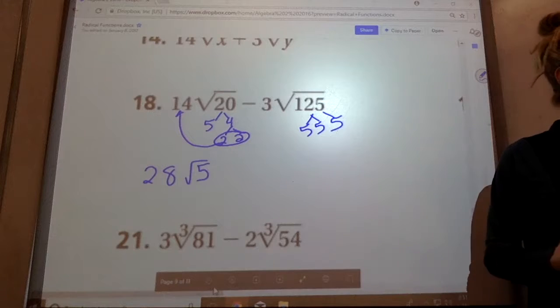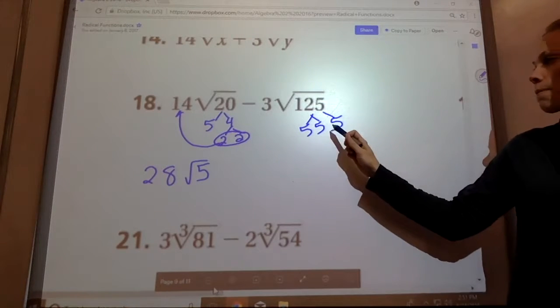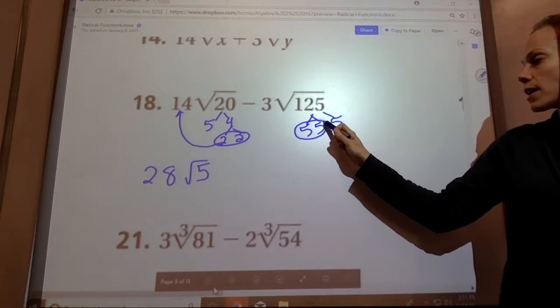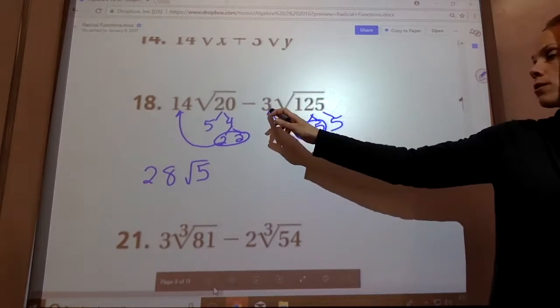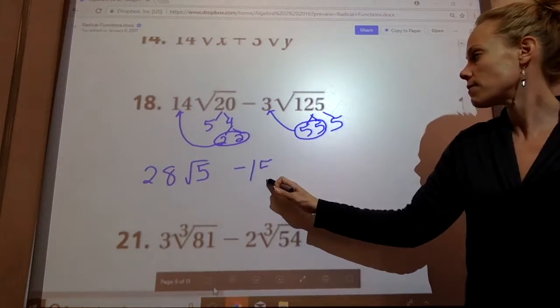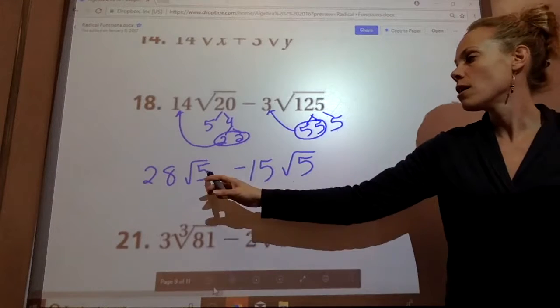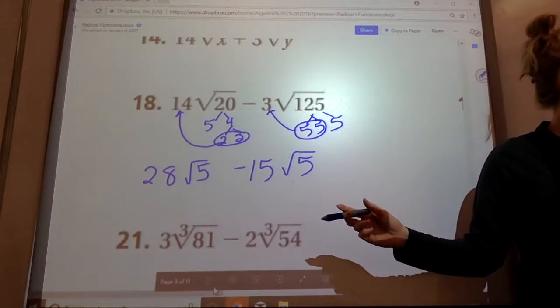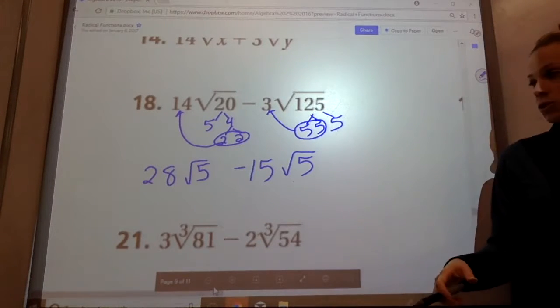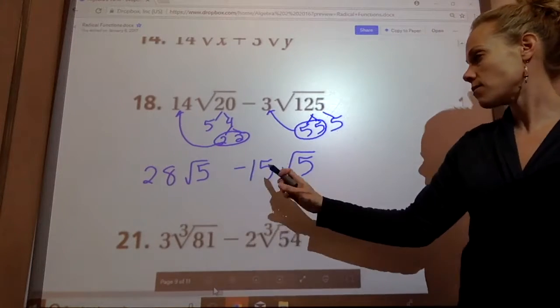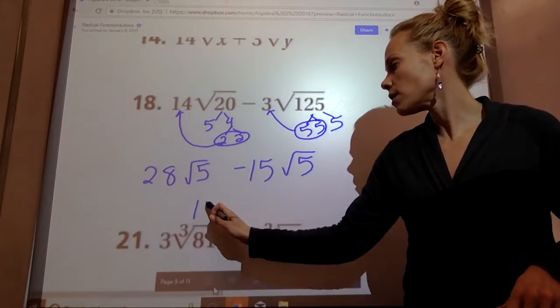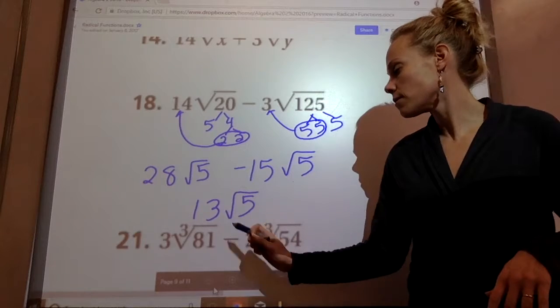Right? 5 cubed is 125. So I'm going to break it down right away. Here's 2 5's. I can take 1 out. That's going to join the 3. So minus 15 root 5. Now, look, they're both square root 5. So they are like terms and I can subtract. 28 minus 15 is 13 square root 5.